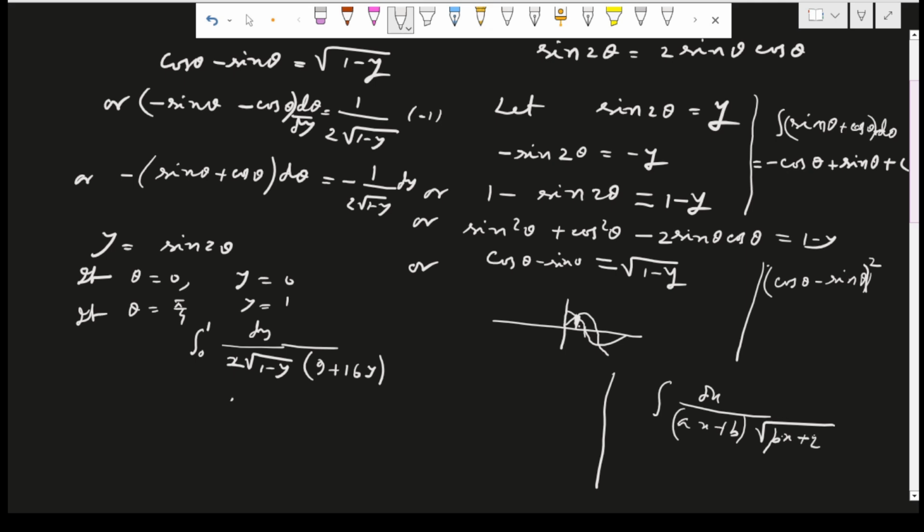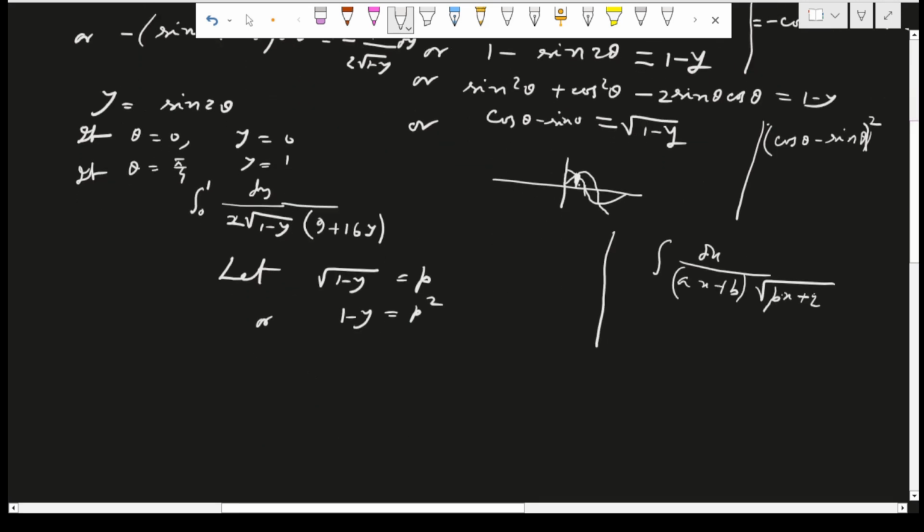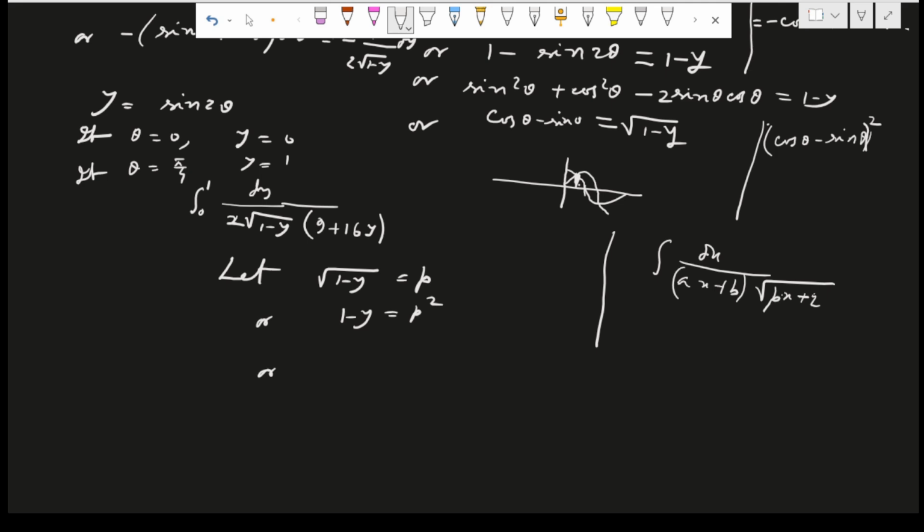So let root over 1 minus y be equal to p, or 1 minus y is equal to p square, or y is equal to 1 minus p square. Now dy is equal to minus 2p dp.